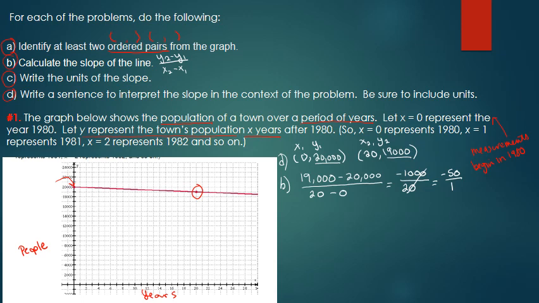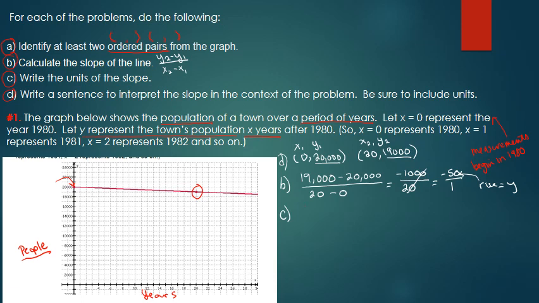All right, so write the units of the slope. Well, the units are what we take from the axes, from the x and the y axes. Now the rise is always the top part of the fraction. That's the rise, or our y. And then the bottom is always the run, or our x. Okay, so I'm going to figure out what the units are for our y-axis, which in this case I labeled earlier as people.